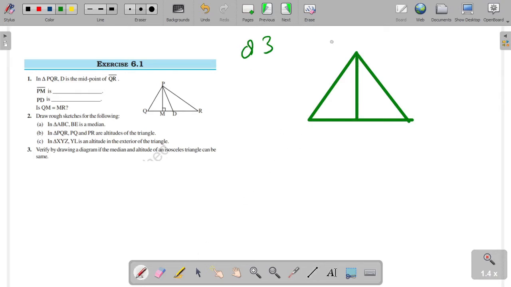Here you can see I have drawn it again. This is A, this is B and this is C. This is AD. AD is making 90 degrees. So AD is the altitude.